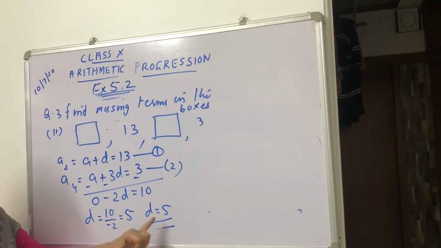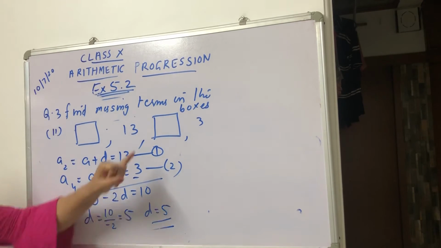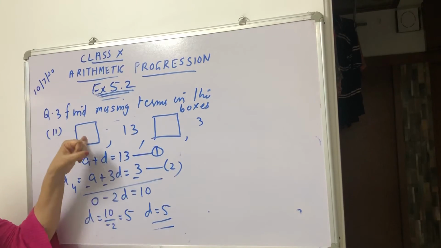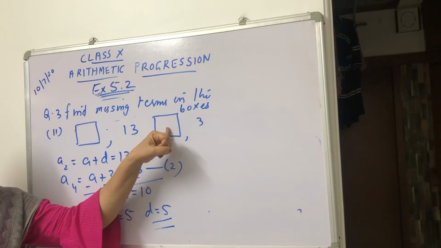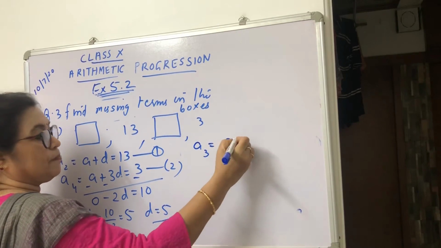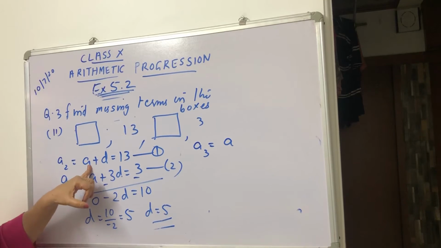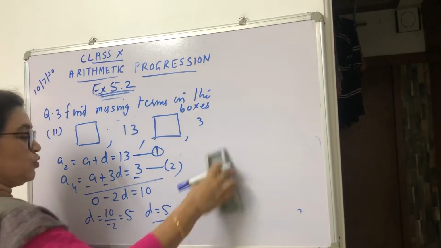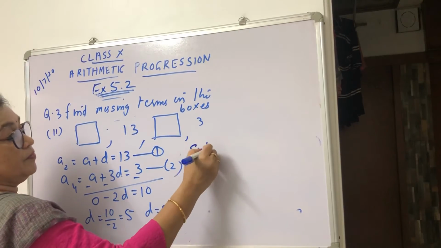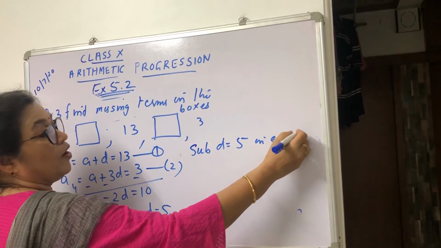Once you get the value of D, this one is A1, A2, A3. So what is our A3? A3 is A plus, before that you have to find out the value of A. So substitute D in equation 1.